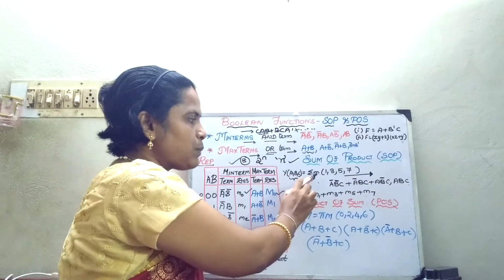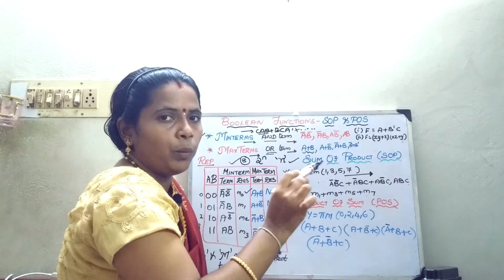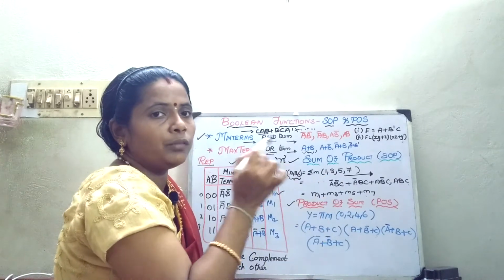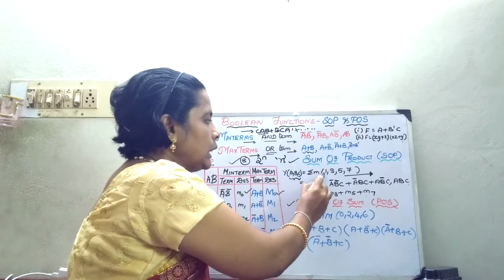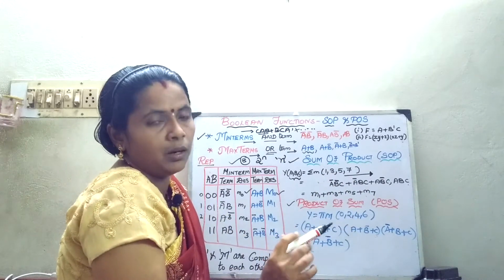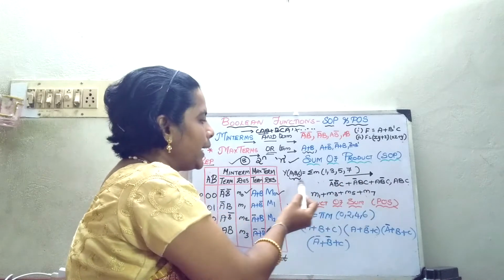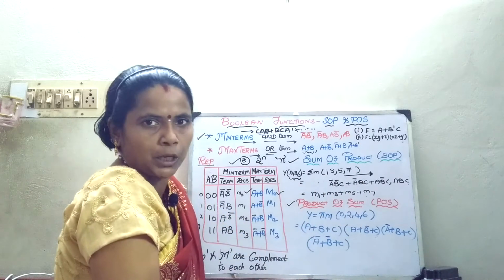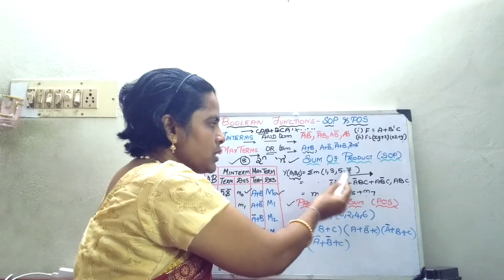What does this specify? 1, 3, 5, 7 means out of the input values from 0 to 7, in these 4 places alone you are going to have the output 1 in the truth table. If I have 1 at 1, 3, 5, 7, then from the truth table I can write this expression. So now 4 terms are there.